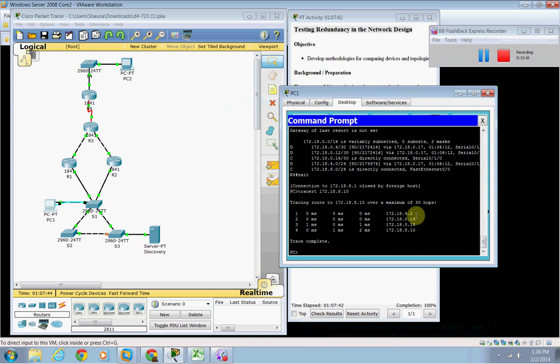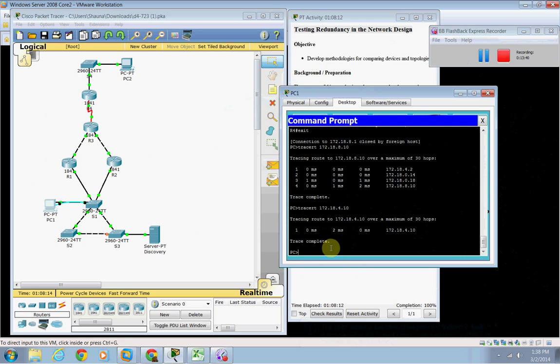Okay, so I went through router 1 to router 3 to router 4 and then to our PC. Okay, let's do 4.10. Of course, it's 1 hop. Okay, now we're going to do a show IP protocol.